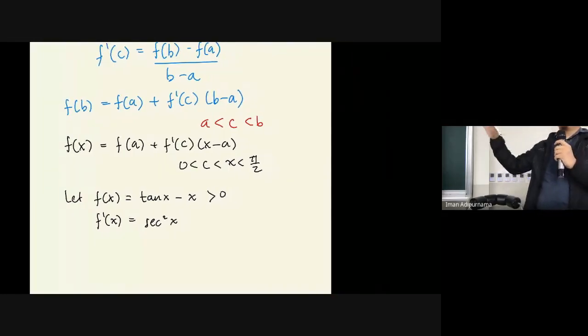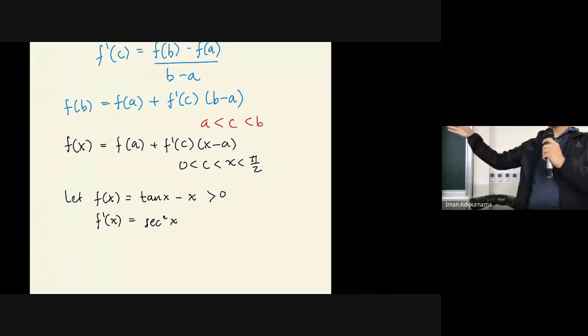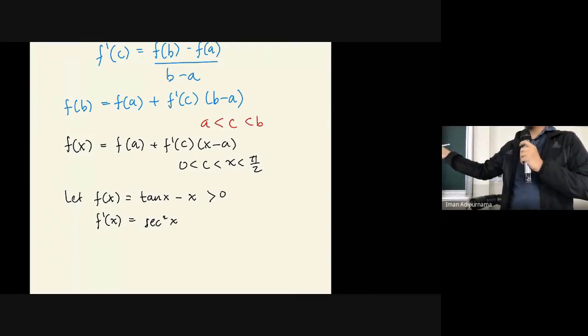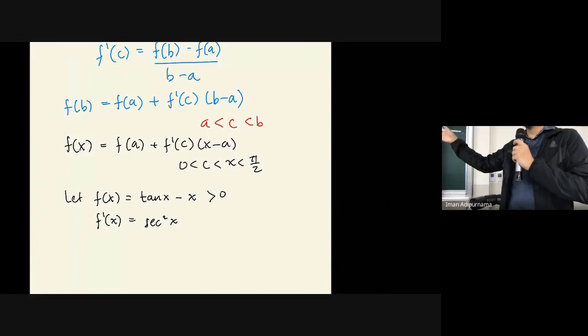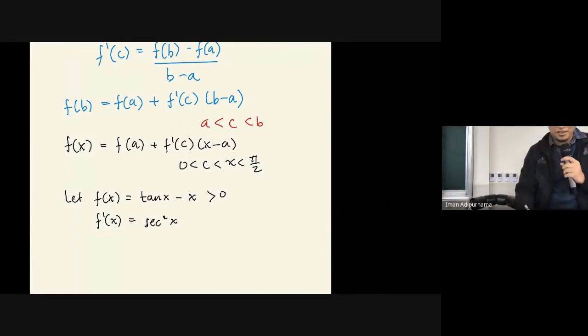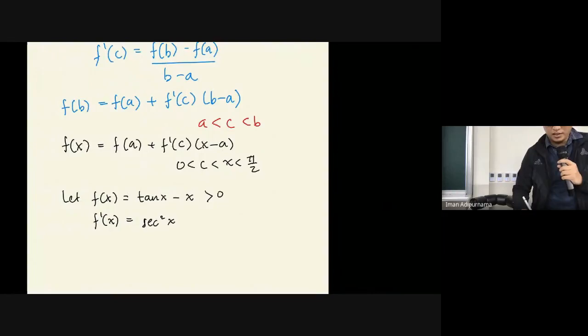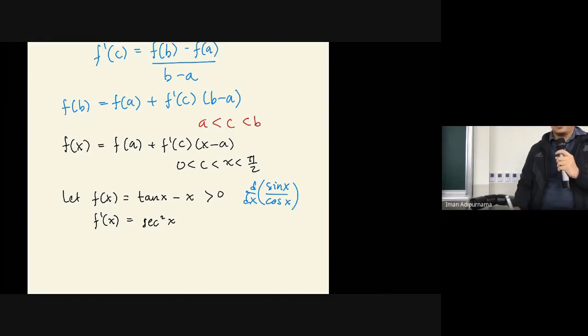And what will you do in the exam if you forget the derivative of tangent x? What will happen? Depressed? No, no. Don't be depressed. If you forget, remember you have sine over cosine, and derive it using the quotient rule.